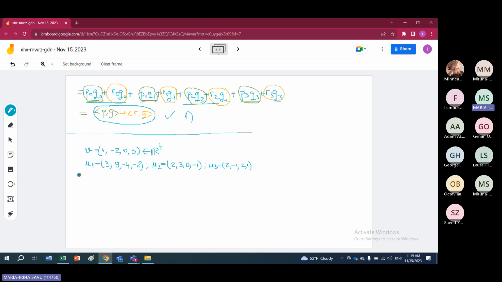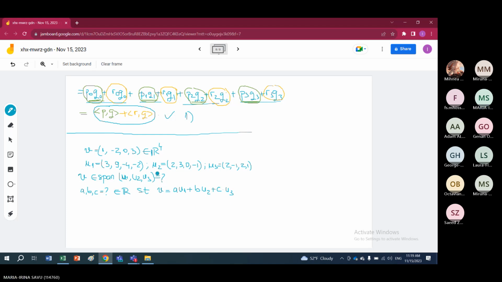So the question is if V is in the span of U1, U2, U3, right? Yes. You have to find A, B, C in R such that V is A U1 plus B U2 plus C U3.